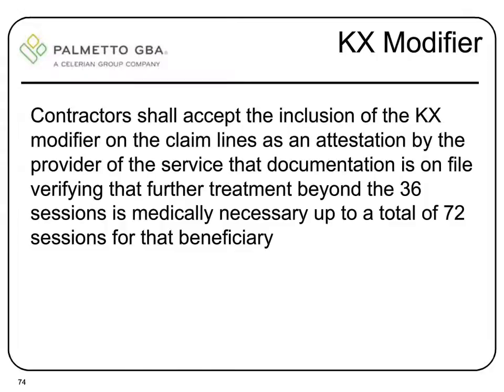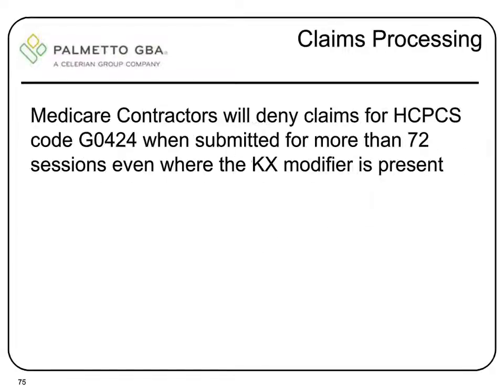KX modifier. Contractors shall accept the inclusion of the KX modifier on the claim lines as an attestation by the provider of the service that documentation is on file verifying that further treatment beyond the 36 sessions is medically necessary up to a total of 72 sessions for that beneficiary. Claims processing.